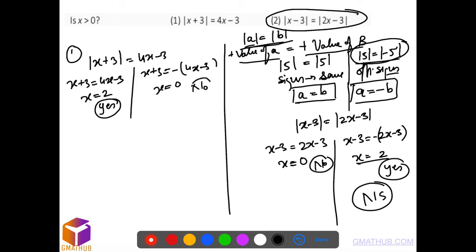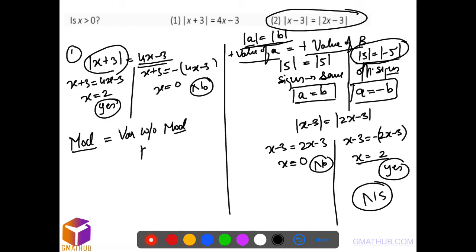That's a no case. But if we have mod on one side and a variable without mod on the other side, like this, then we'll have to plug in values and check. For example, x is equal to 2. If you plug in this, it will satisfy.